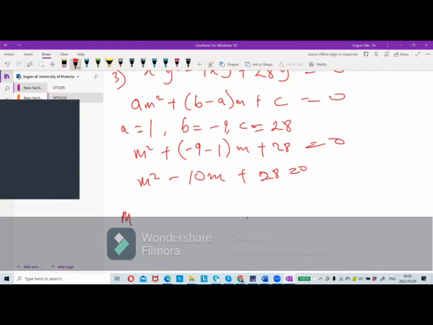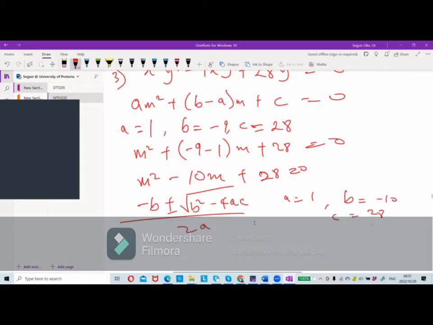Since I cannot factorize it, I can use minus b plus or minus square root of b squared minus 4ac over 2a, where a is equal to 1, b here is equal to minus 10, and c is equal to 28. Substitute it into your formula. What do you have?